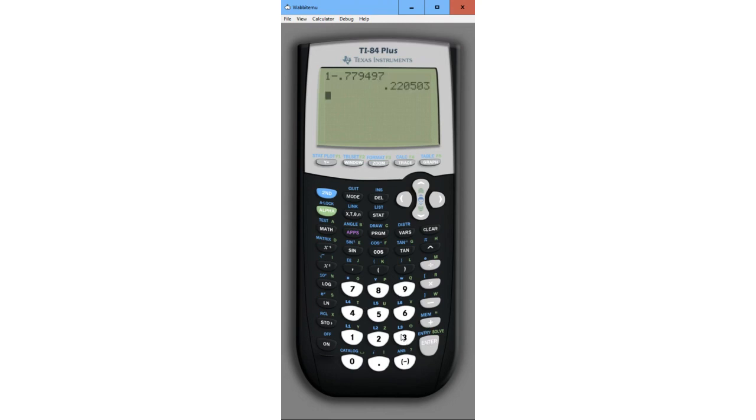So the probability of it not happening, or the proportion of teachers that don't like this, is 0.220503. So I'm going to just multiply those two. So that would be what our numerator is. Then we're going to divide that by 517. And we get a small value.